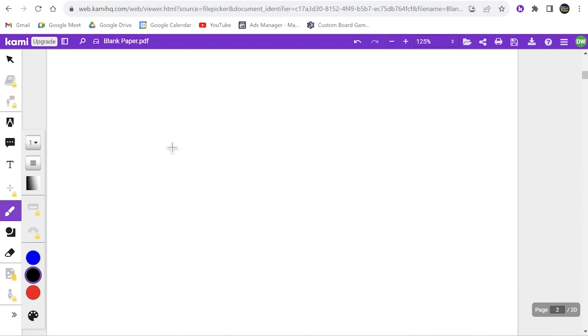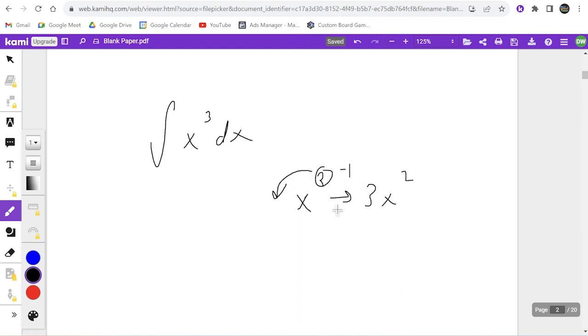Let me tell you. If you have the integral of x cubed, for instance, the derivative of x cubed we would say is 3x squared, right? Why? Because you move the 3 out in front and then you subtract 1 from the exponent. An antiderivative is literally the opposite thing in the opposite order. In other words, if I want the integral of this, I add 1 to the power, so x to the 4th, and then instead of multiplying by 3, I divide by 4.